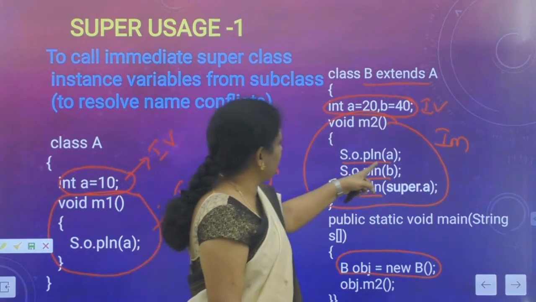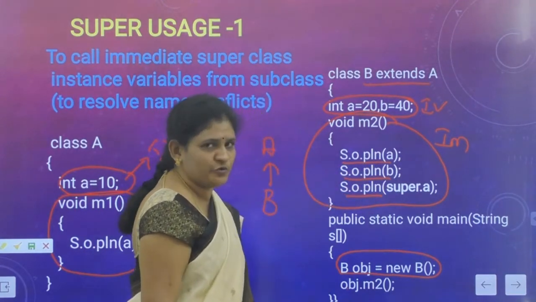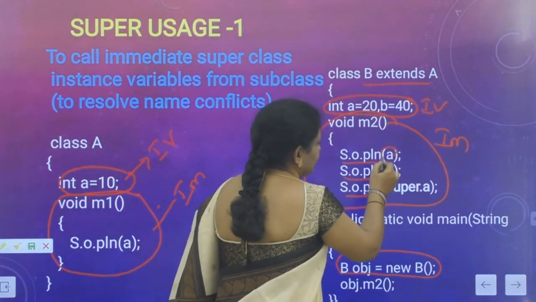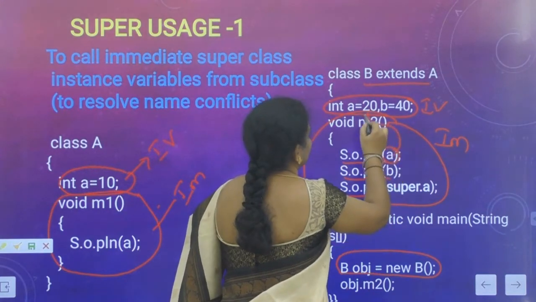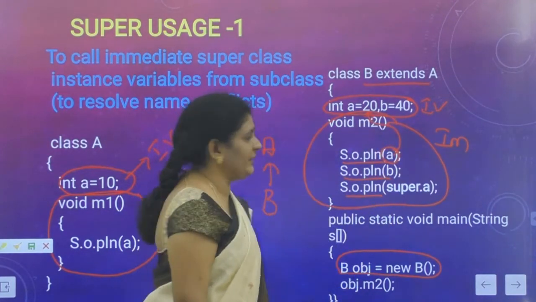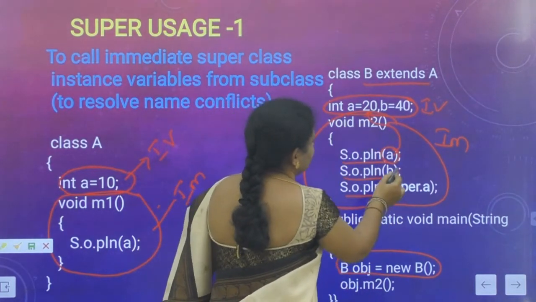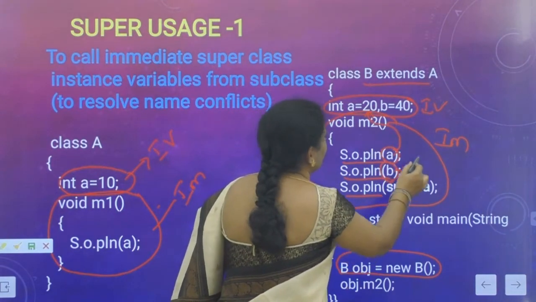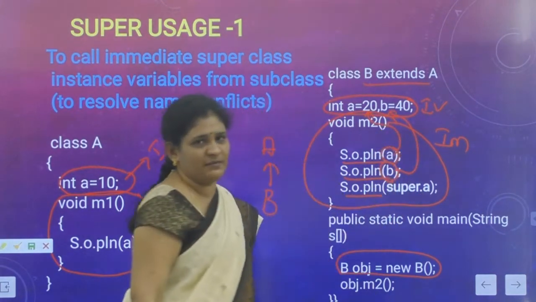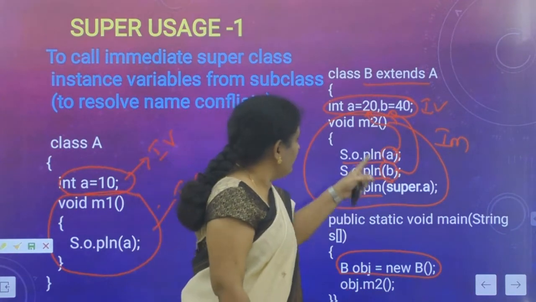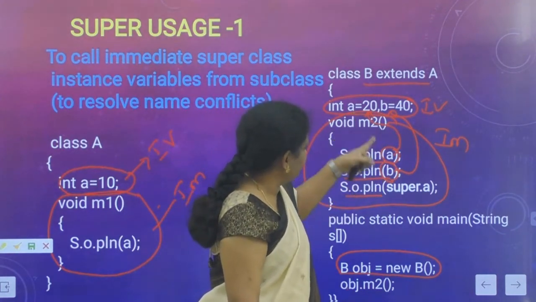In the first SOP, which data member am I trying to access? A. A is a data member present in the subclass, 20. B is also in the same class, class B, 40. Coming to here, I have accessed A and B.